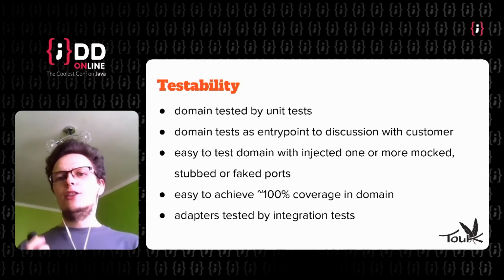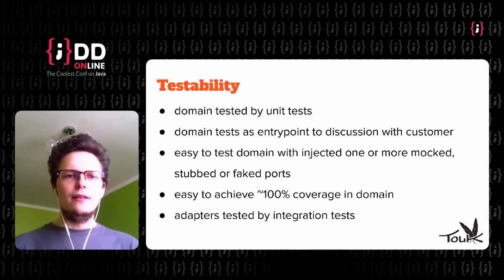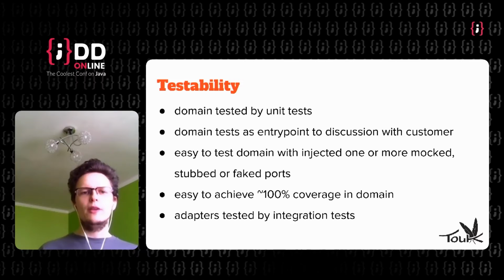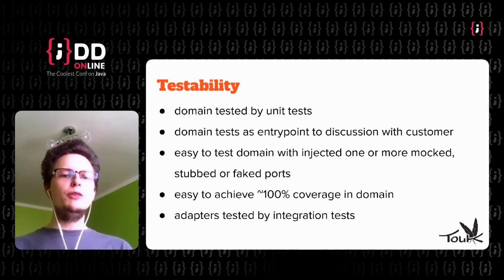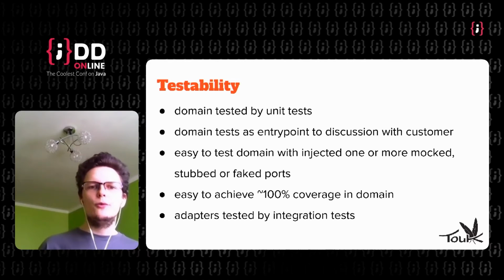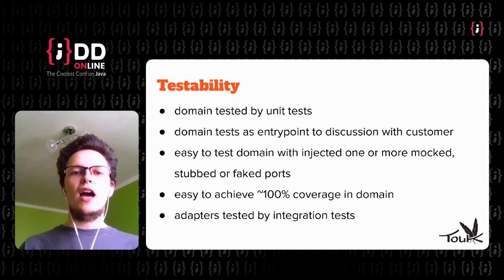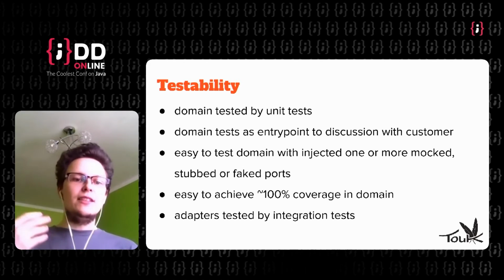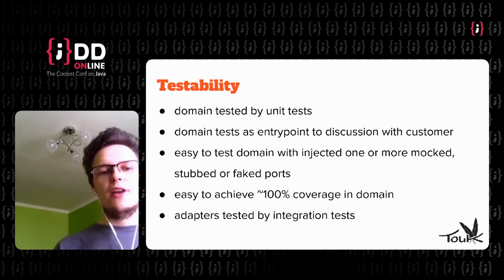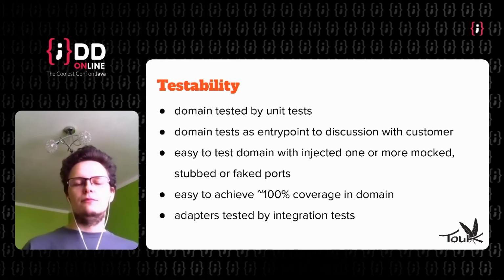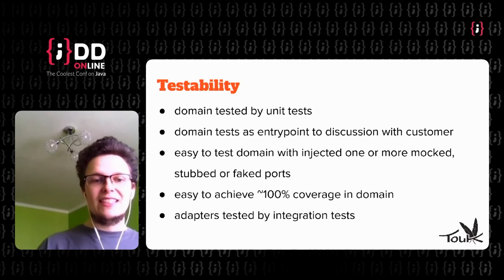With such architecture, we have very good testability because our domain could be tested only with unit tests. So we could write a lot of such tests which could do something on our domain. And even if they are written in a good framework, for example, like Spock in the JVM world, we could provide such tests to our customer.